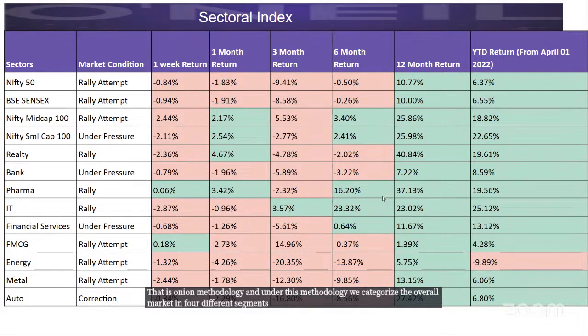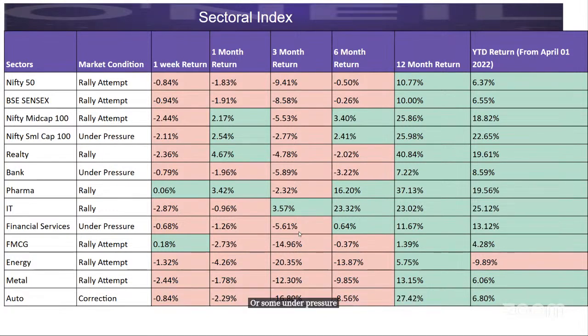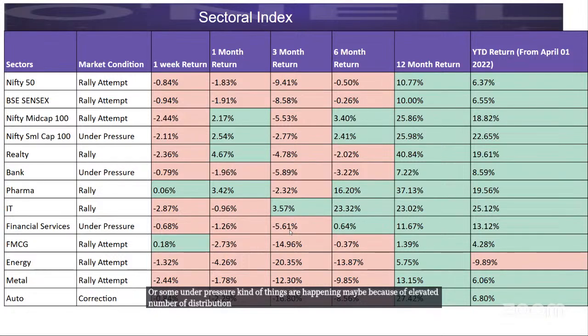First is confirmed uptrend, means bullish trend. Second is uptrend under pressure. That means the trend is still bullish, but it is facing some resistance or some pressure, maybe because of an elevated number of distribution days, or maybe because of a short-term moving average like a 21-day MA breach and everything like that.